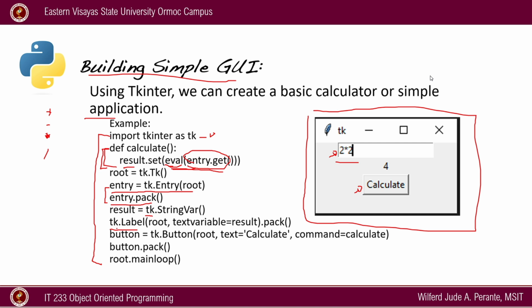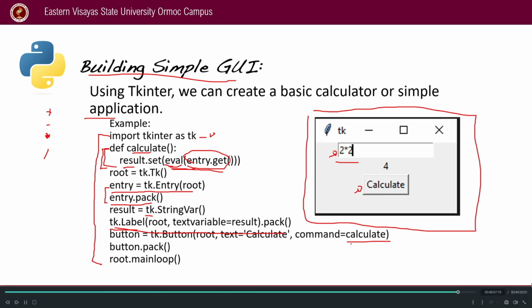In this part we are creating our label widget that will display the calculation result, with the textvariable attribute binded to the result variable, so it will automatically update when the result changes.